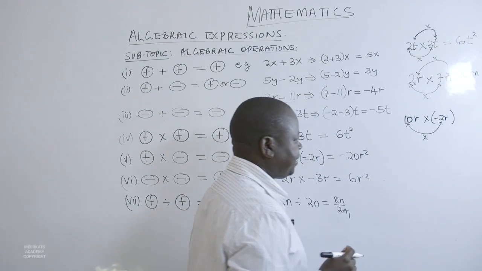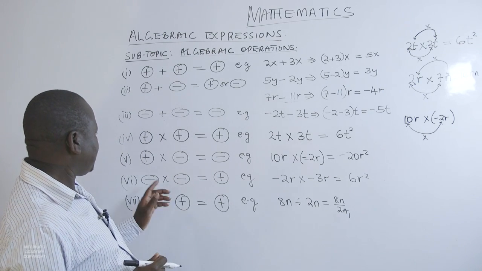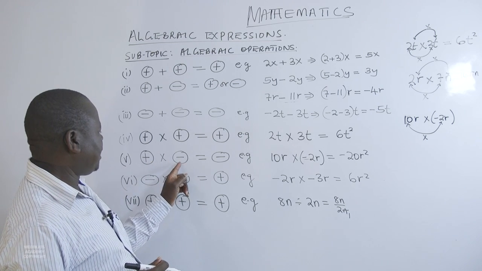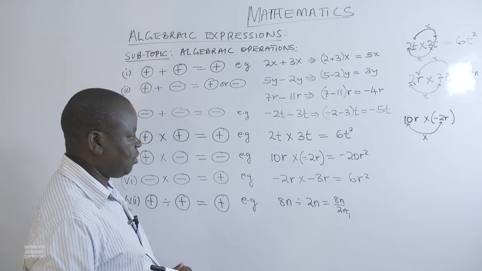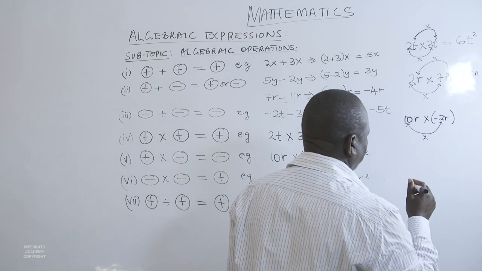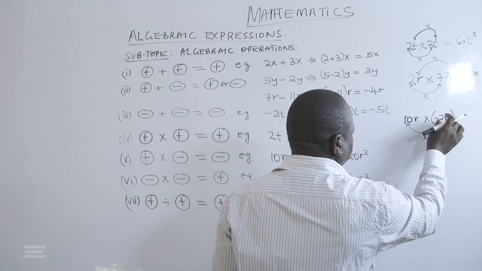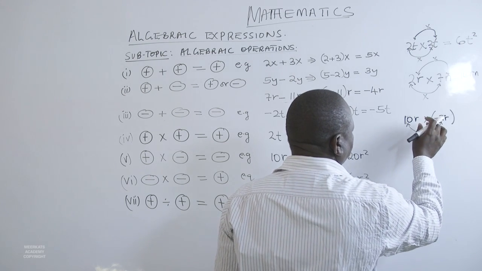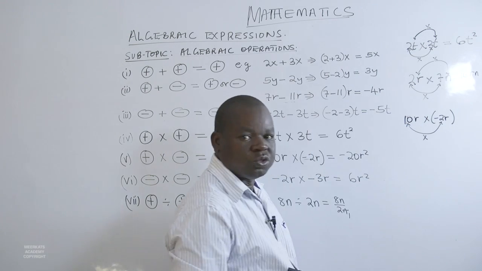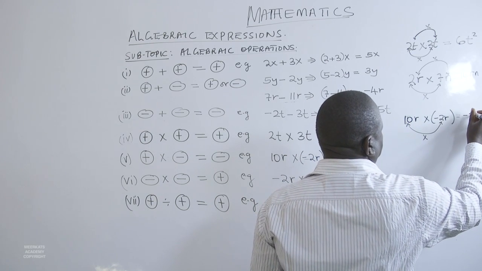We multiply 10 by negative 2. And remember, we have said a positive times a negative, the answer is a negative. So, because we have positive 10 multiplied by negative 2, we have the result as negative 20.